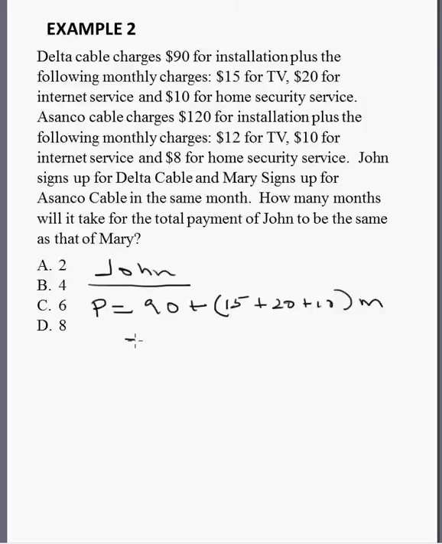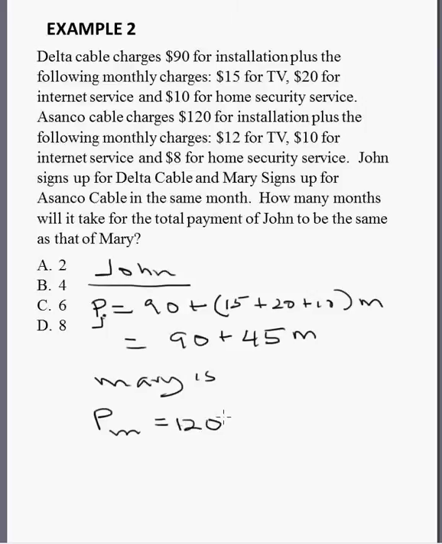So John's model will be 90 plus 45M. Now let's look at Mary's. Maybe we can call this PJ, which is P for John, and let this be PM, P for Mary, and that will be equal to $120. That's a fixed charge for Asanko, plus how much she's going to pay.